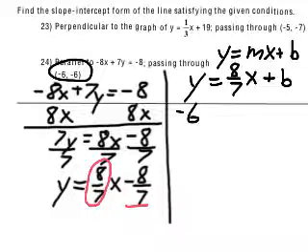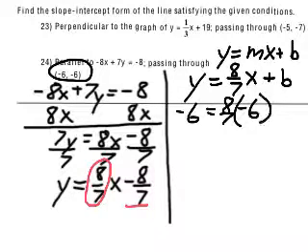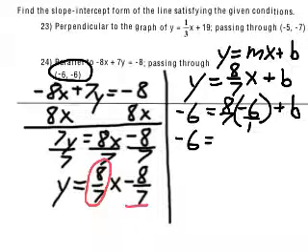Negative 6 equals 8/7 times negative 6 plus b. Alright, so this becomes negative 6 equals 8/7 times a negative 6 over 1, which will be a negative 48 over 7, plus b.